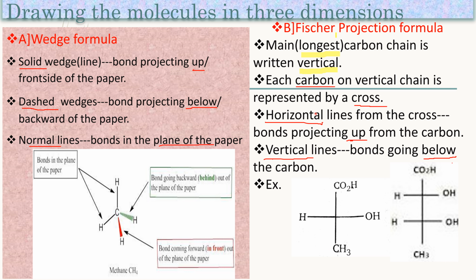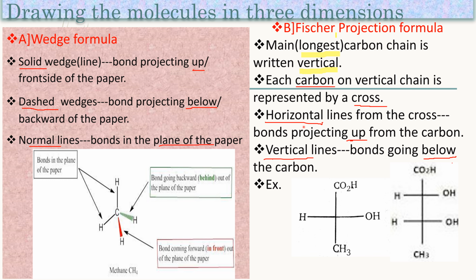Then each carbon on the vertical chain is represented by a cross. That means there are two carbon atoms at the two ends of the vertical line, but the remaining carbon atoms which are in between the two terminal carbon atoms, the middle carbon atoms, are shown by the cross, that is, horizontal lines.